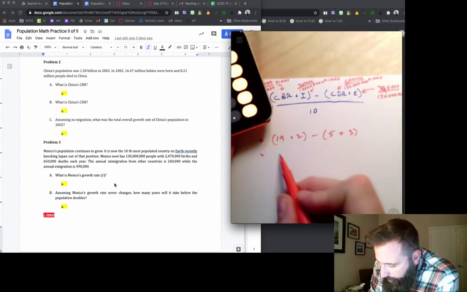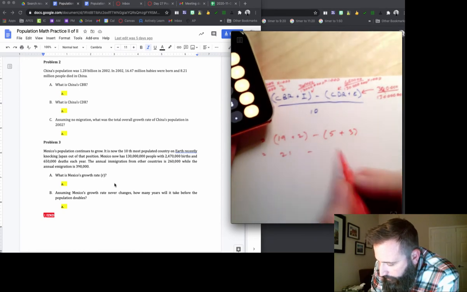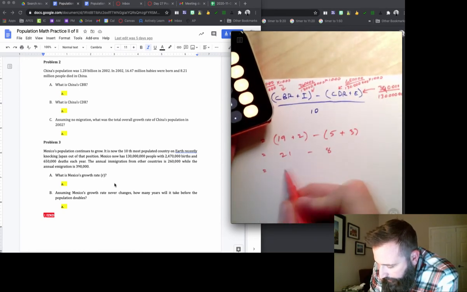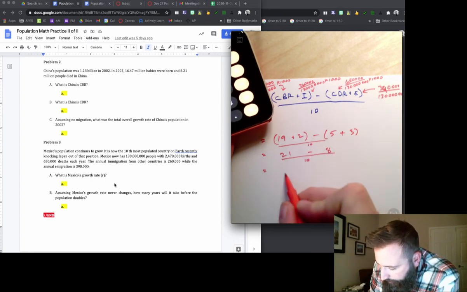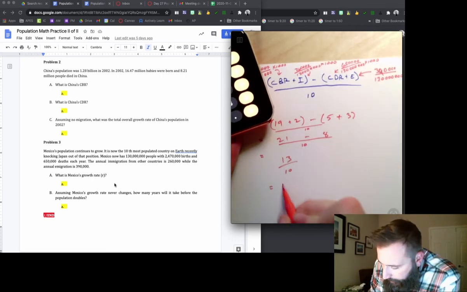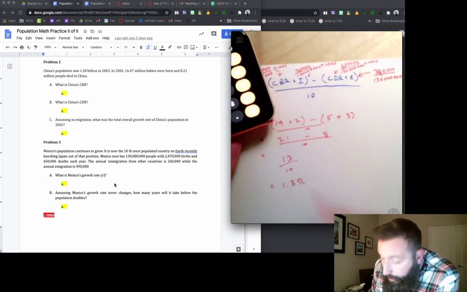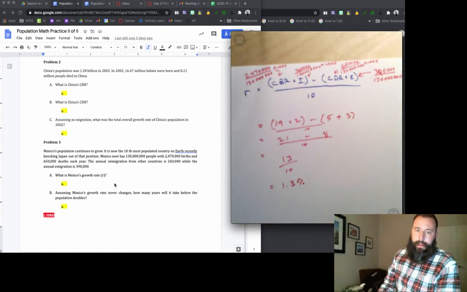Okay, order of operations here, 21 minus 8. This is divided by 10, divided by 10. We've got ourselves 13 divided by 10. So it looks like the population growth rate is going to be 1.3%.